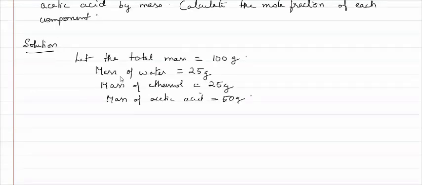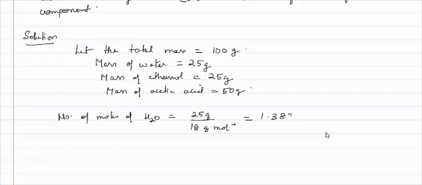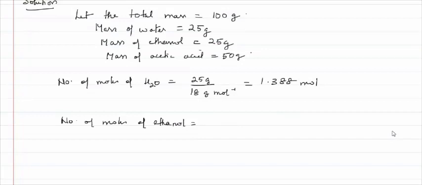Now we have to calculate number of moles of each component. Number of moles of water is equal to mass by molar mass. Mass is 25 grams and molar mass is 18 grams per mole, which is equal to 1.388 moles. Number of moles of ethanol is equal to mass is 25 grams and molar mass is 46 grams per mole.